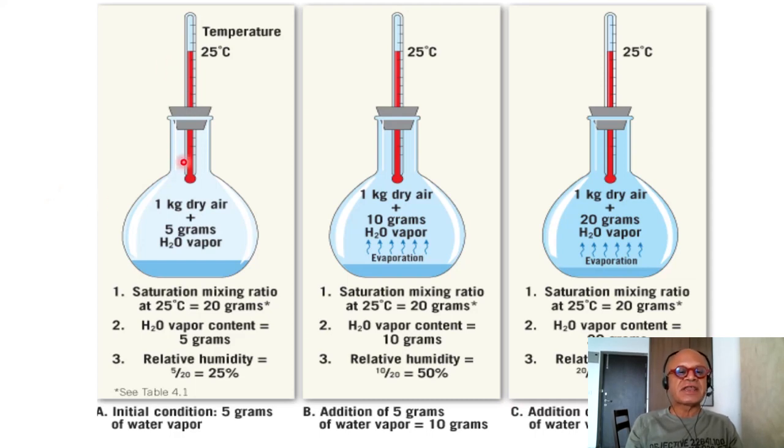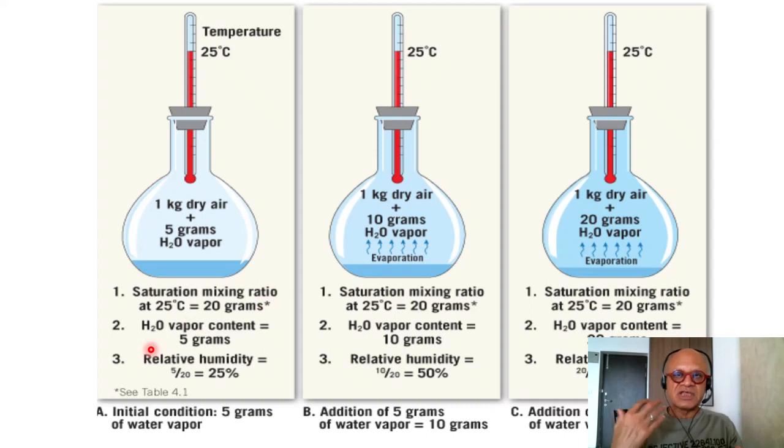So here we are looking at an example of a flask which is measuring its temperature. It's got 1 kilogram of dry air with 5 grams of water vapor, and there is water sitting at the bottom at 25 degrees centigrade. The saturation mixing ratio at 25 degrees centigrade is 20 grams for one atmospheric pressure of 1 unit.